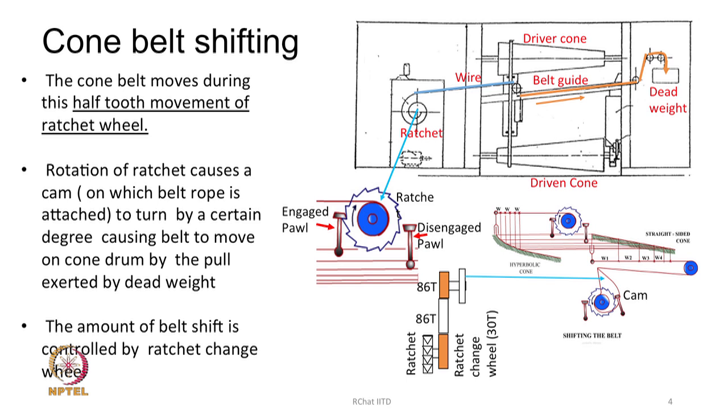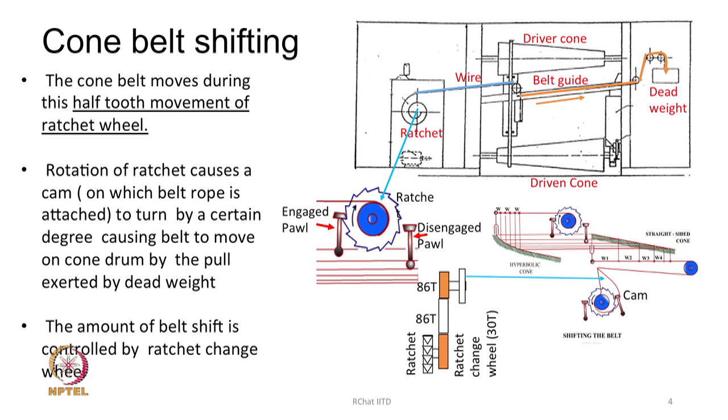The constant pull is always there, trying to turn the ratchet wheel, but the ratchet wheel is not in a position to turn because there are two poles, as shown in the diagram here and here. These poles are not allowing the ratchet wheel to turn.